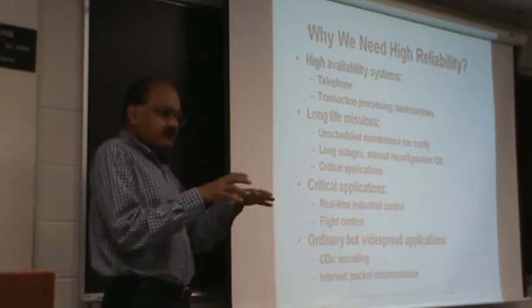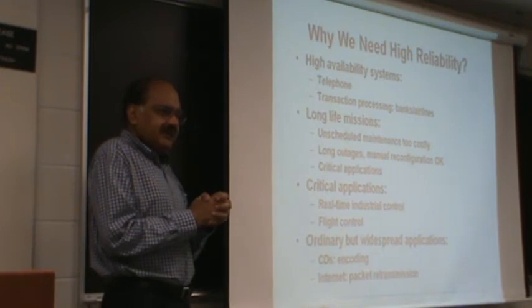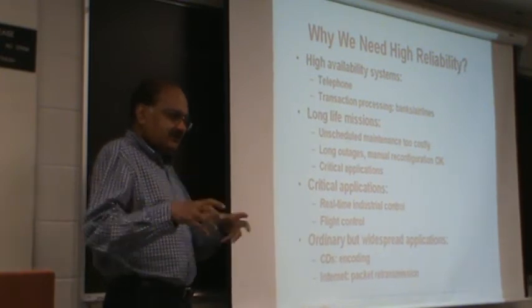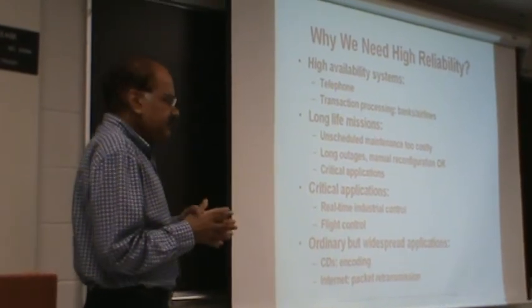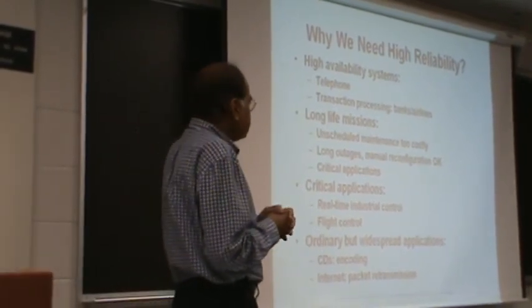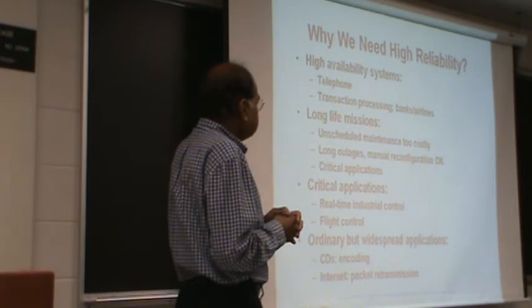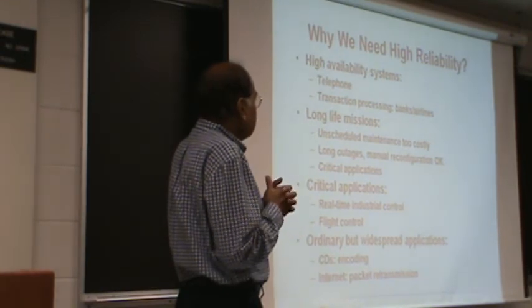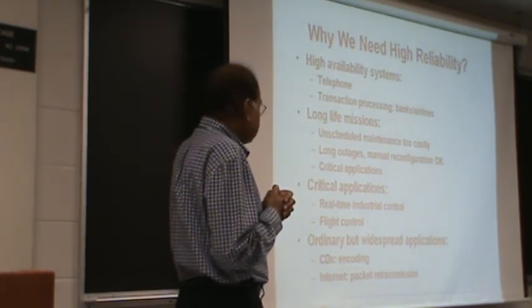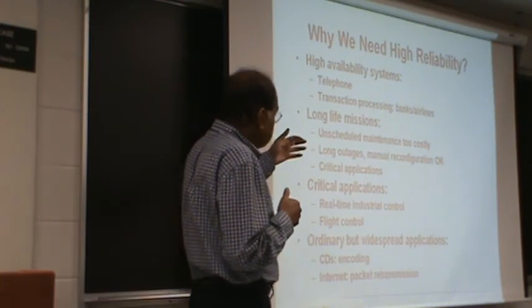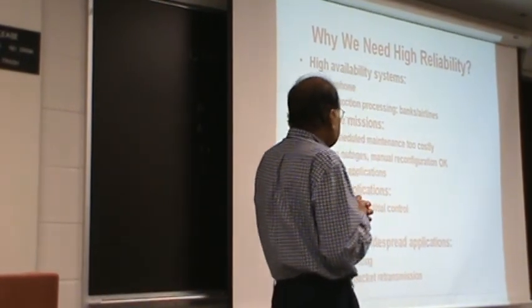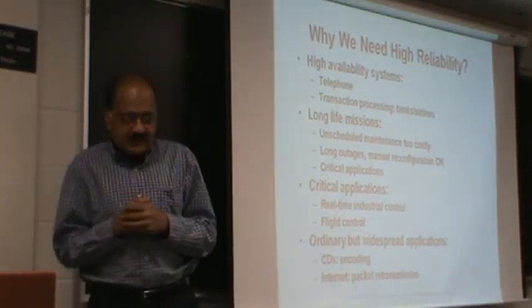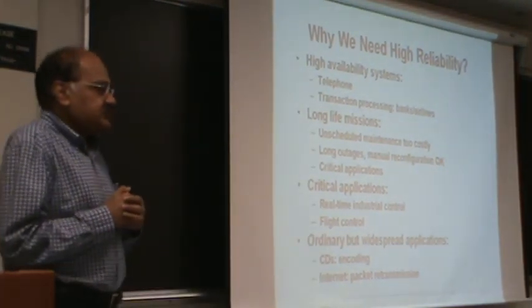Some systems were not communicating properly, and that caused delays, and some of the flights couldn't land, and the whole thing was a mess. I think that happened in eastern US. So you need high availability in some systems, and you need high reliability in long life missions where unscheduled maintenance is too costly.